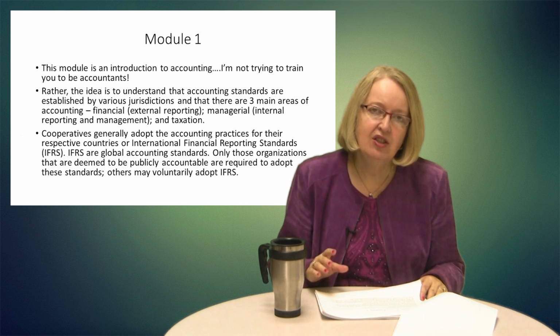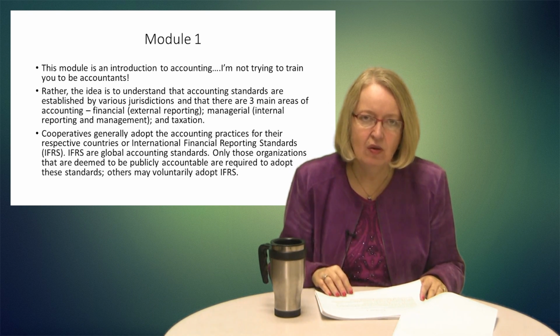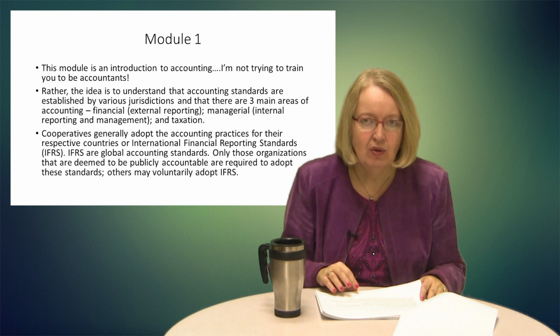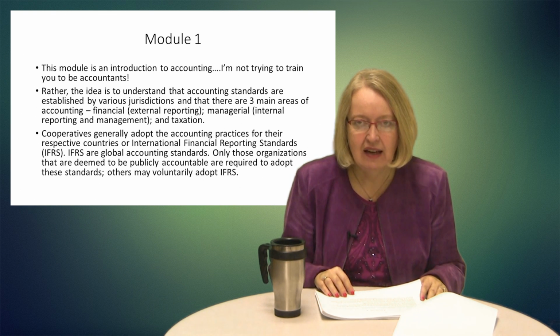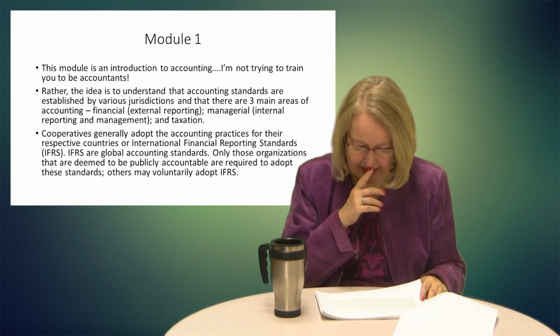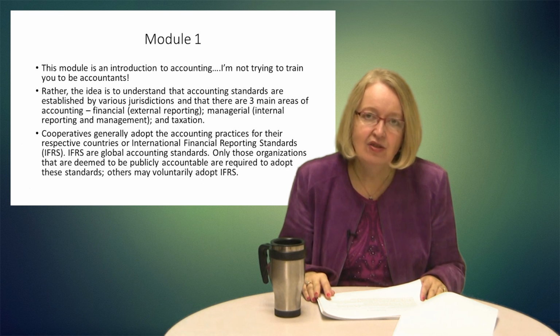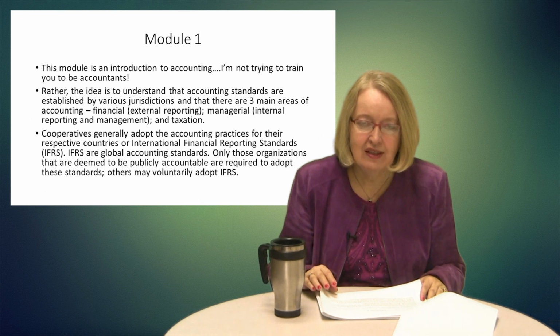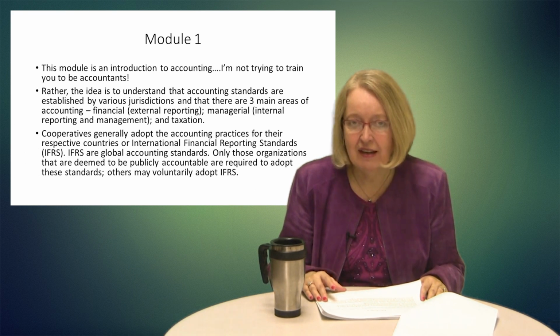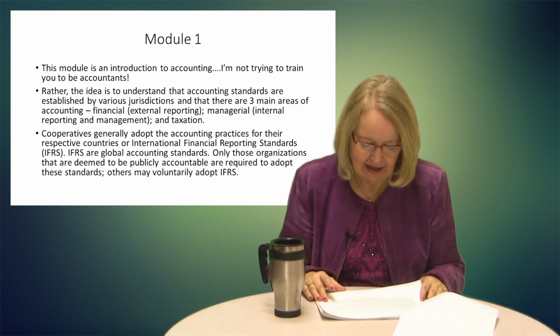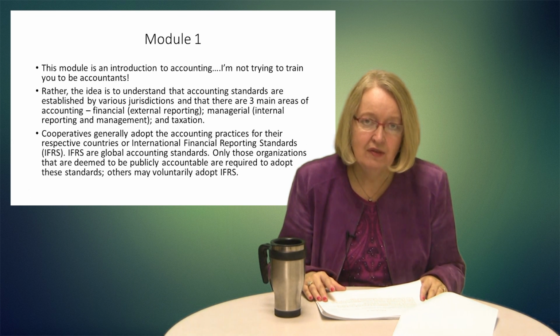In addition to each country's own individual accounting standards, you also have something relatively new that's come on the scene in the past few years. It's called International Financial Reporting Standards, more commonly known as IFRS. The idea with the development of these standards is that you would have global comparability.